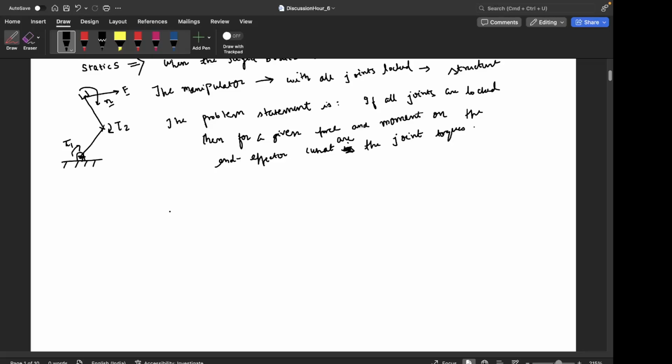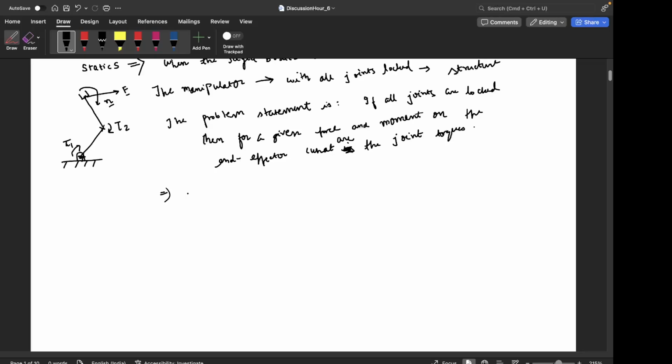That if, let's say, for a 2-link manipulator, both the links we are locking them, and then we apply certain force, so basically we are ignoring gravity here, right, in our analysis, and then if we apply certain force and moment on the end effector, then in order to balance, basically we are writing balance equation, force balance and torque balance, and in order to balance those forces and moments on the end effector, what is the joint torque that has to be produced?